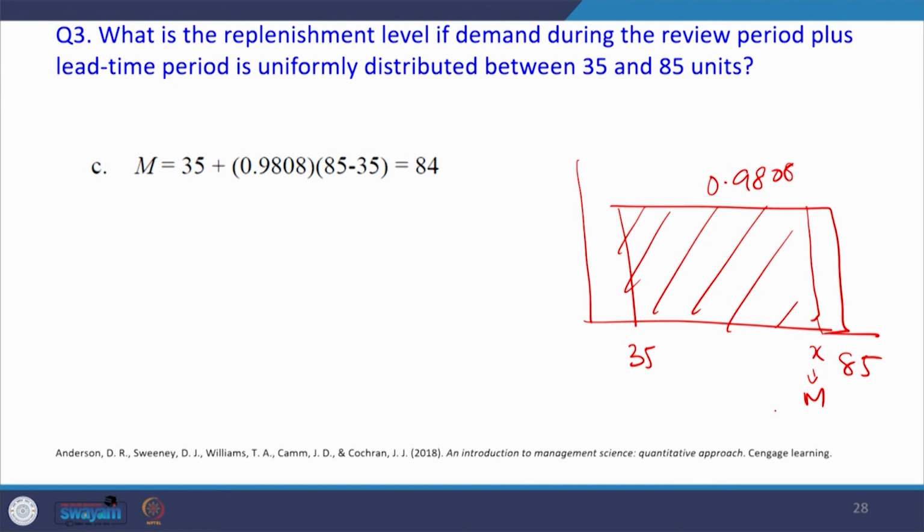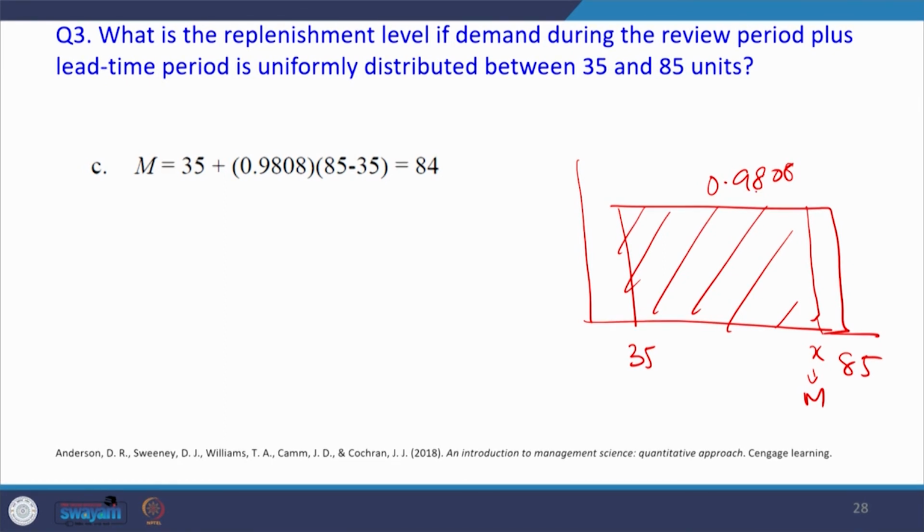So, first we have to take 0.9808 of this 85 minus 35. When you subtract 85 minus 35, it is 50. So, when you multiply 0.9808 with the 50, then you add this 35, that will be 84.